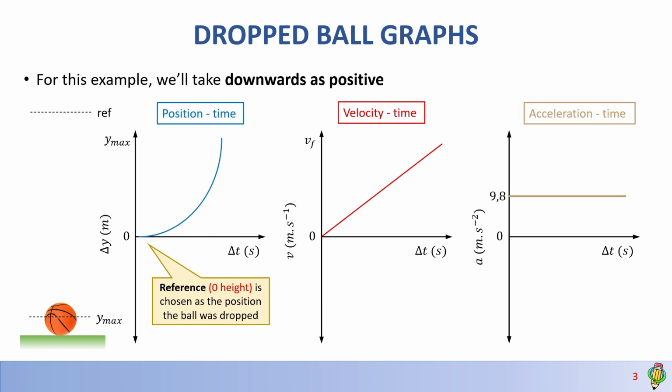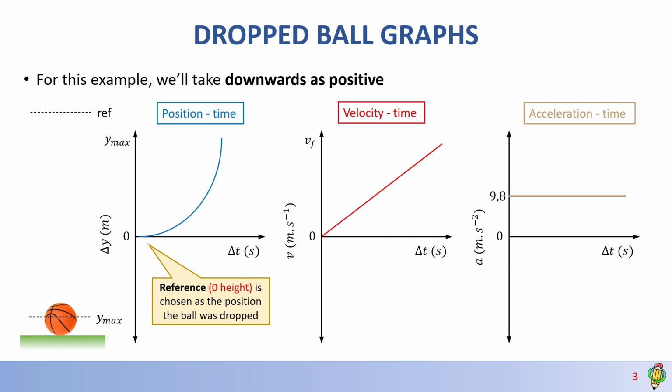Remember, the velocity of a dropped ball is 0 meters per second. So this tells us the starting point, where change in y is 0, the slope of the graph should be 0. So if you're doing mathematics again, you know what I'm talking about. And the slope continues to increase, as we know that velocity will increase as the ball goes down.